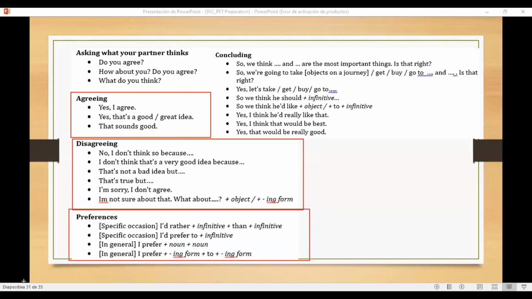Ojo que también es muy importante tener en cuenta el tiempo, es decir, you have 2 to 3 minutes to make a simple dialogue, de 2 a 3 minutos para un diálogo corto. Eso significa que también van a tener que concluir. ¿Sí? Para concluir es importante utilizar frases como estas.